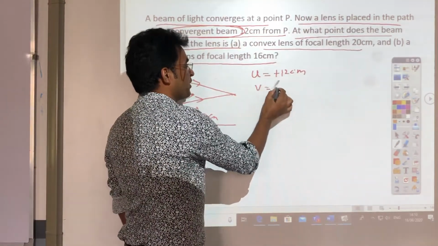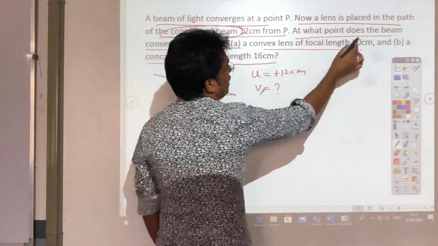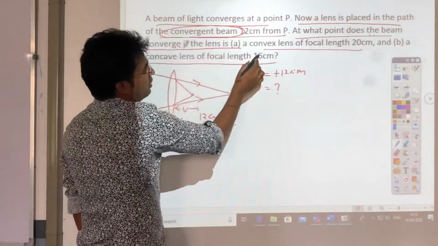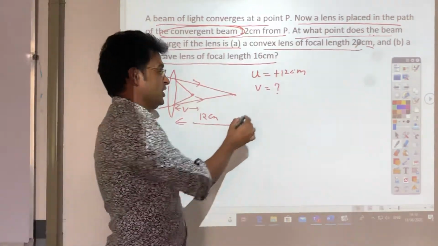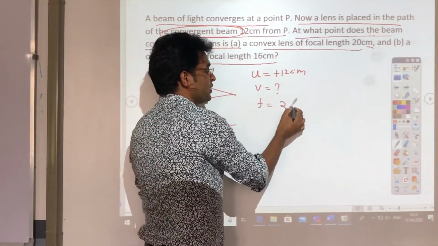And V I need to calculate. In the first case, the convex lens has focal length 20 centimeter, so F is equal to positive 20 centimeter.